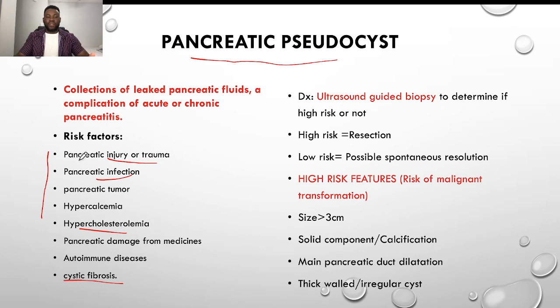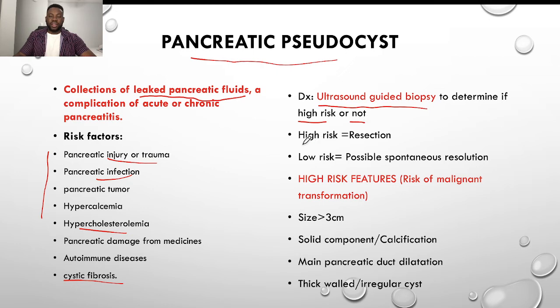So whatever the case may be, it's just that there's some leakage of pancreatic fluid, and that has formed a cyst in the pancreas. The diagnosis is by ultrasound guided biopsy, and with this biopsy, what we are doing is we want to determine if the cyst is high risk or low risk.